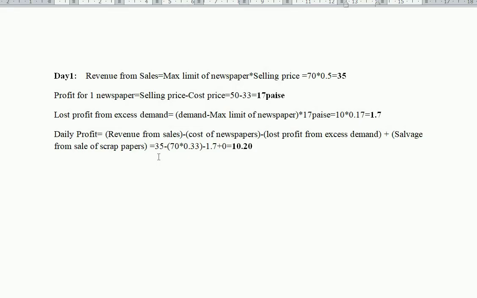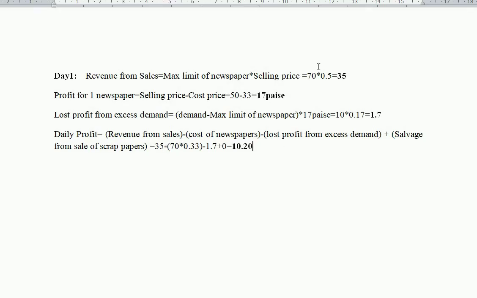Scrap means, if we purchase 70 papers every day, and we have a demand of 40 and sold only 40 papers, then the remaining 30 are called scrap. So on day 1, the scrap is 0.